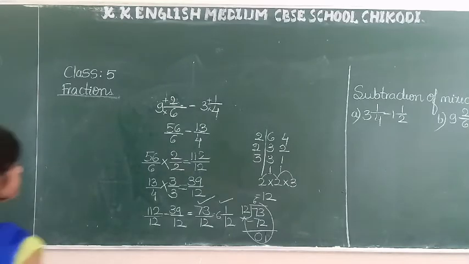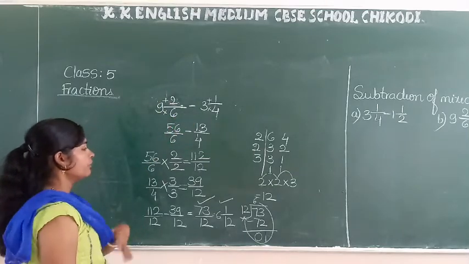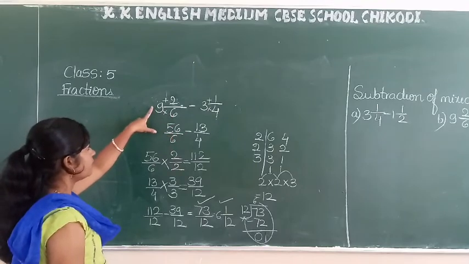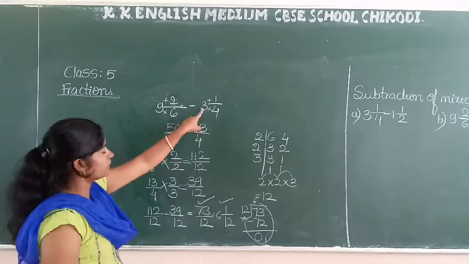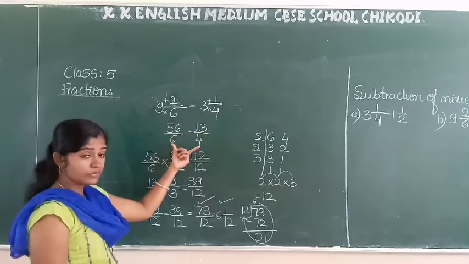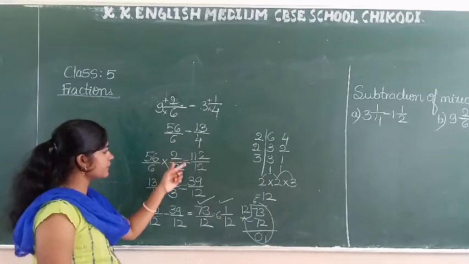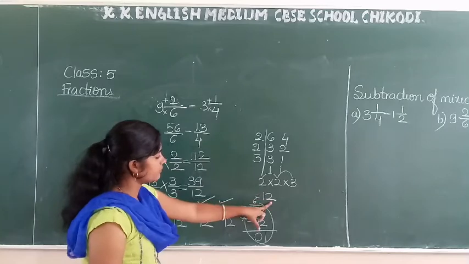See, I will repeat once again. 9 integer 2 by 6 minus 3 integer 1 by 4. First you have to convert. 6 nines are 54, 54 plus 2 is 56, and 4 threes are 12, 12 plus 1 is 13. Your denominator you keep as it is. Next you take the LCM of 6 and 4, which is 12.